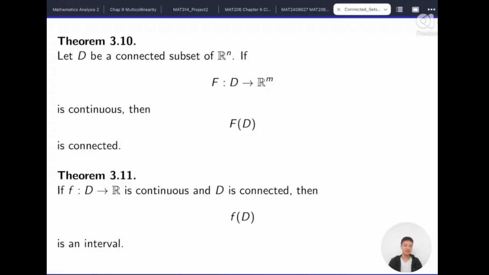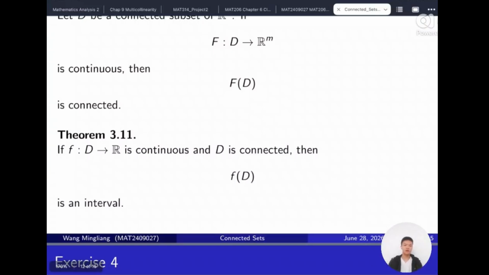So there exists a separation. We can use this separation to create another separation which proves the domain is not connected. Especially, if the continuous function is from a connected D to R, then the image is an interval, because we know that a connected set in R is an interval, right?